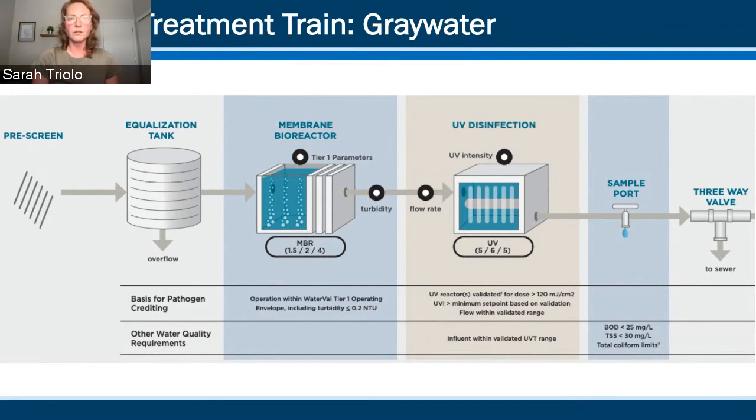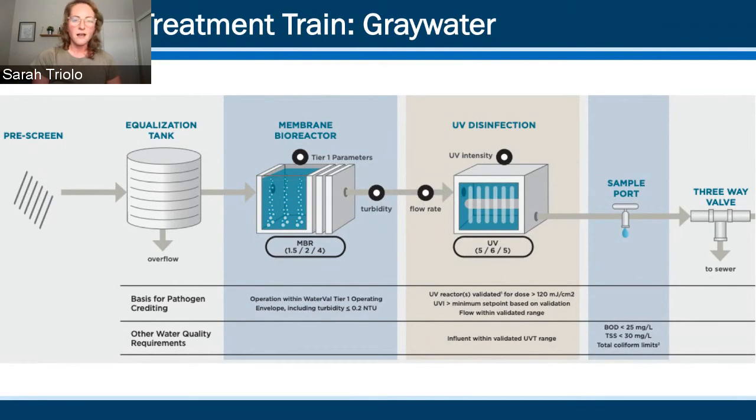And the workhorses for this treatment train in terms of getting pathogen credit are the MBR and the UV. So the key for the MBR, as we talked about last week, is really being within that tier 1 operating envelope. So if you monitor those tier 1 parameters online, that includes a lot of parameters in the MBR and also the effluent turbidity, then you can achieve those default MBR credits that are shown, sorry, it's kind of small text below that reactor.